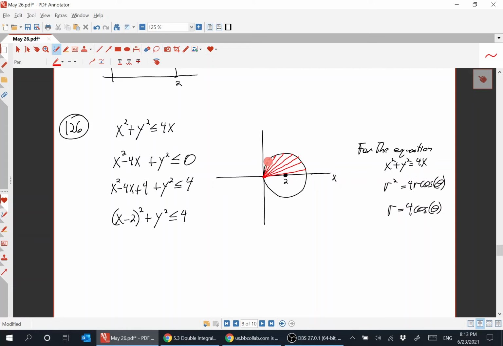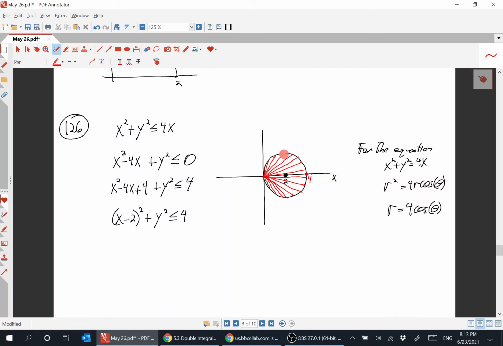So from 0 to pi over 2, you go here, and then from pi over 2 to pi, the r values are negative, so they're going from 0 out to negative 4. Of course, this is 4 on the x-axis here, right? So the boundary of that circle is described by r equals 4 cosine theta.